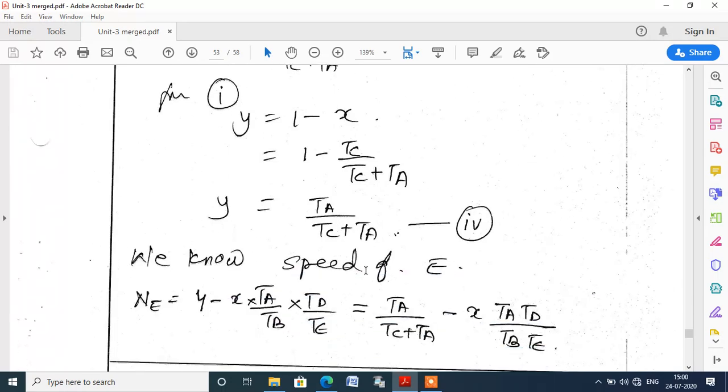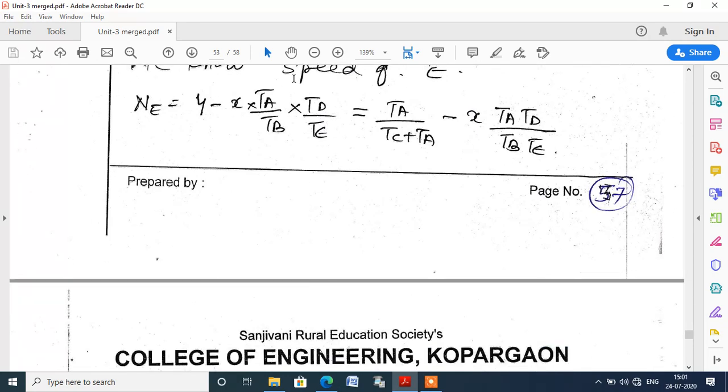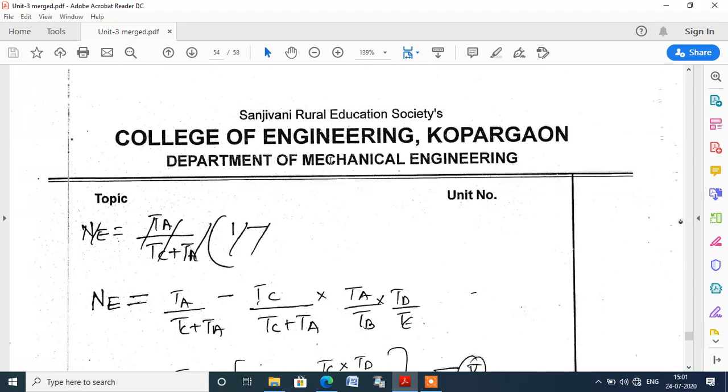Now the speed of E we have to see from the table. So it is y minus x ta by tb into td by tc. Putting the value of y just calculated, that is ta upon tc plus ta minus x ta by tb into td by tc.